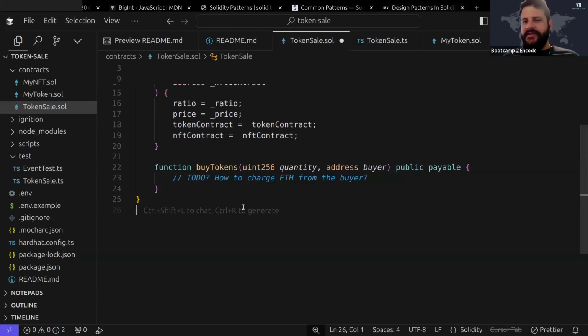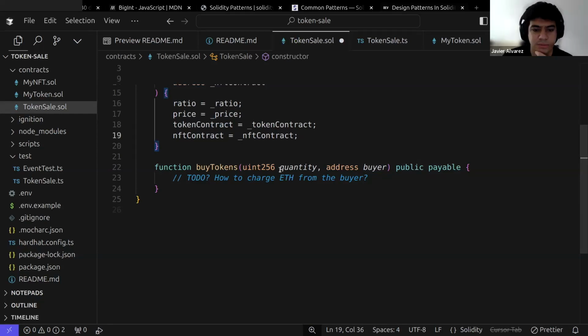The person sending the transaction would already specify how much they want to pay, right? We will have it in message.value or something like that. Message.value, correct. And we also have the address of the buyer already in message.sender.